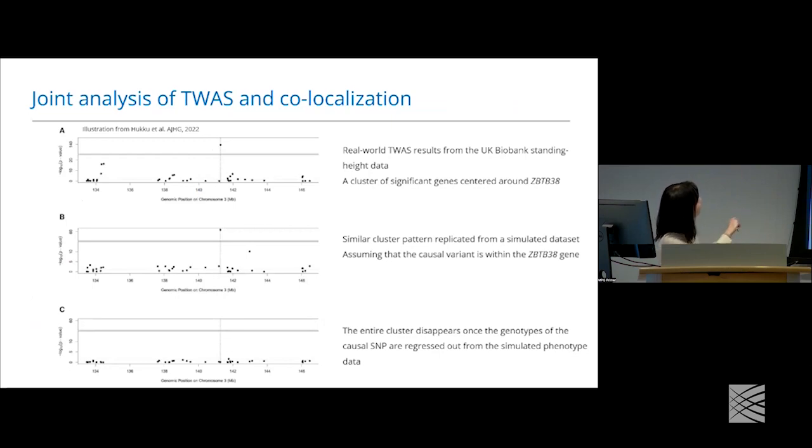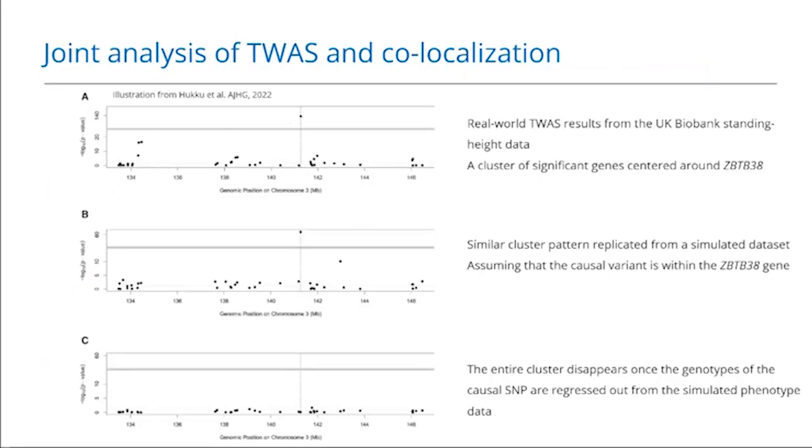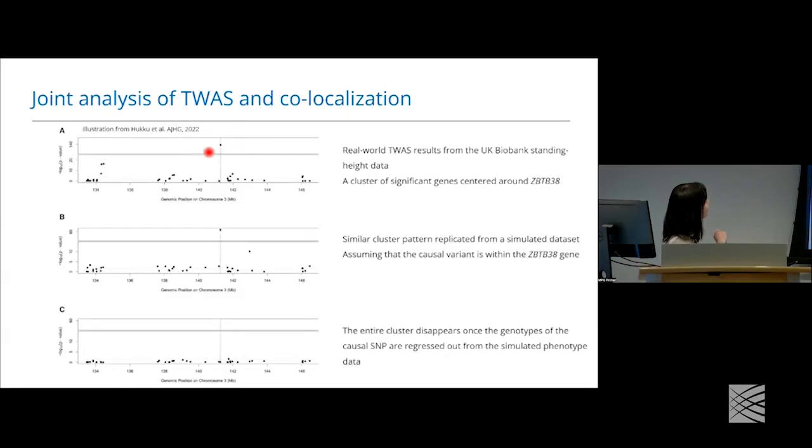Panel A is the real-world TWAS result from the UK Biobank body height data. Each dot on that panel is an individual gene. This is not the significant line; this is the cutoff because this signal is too high.